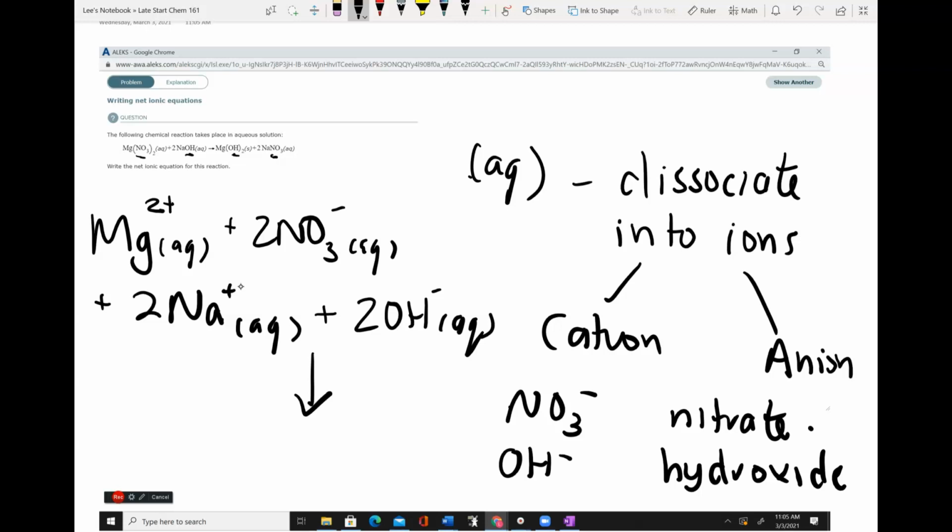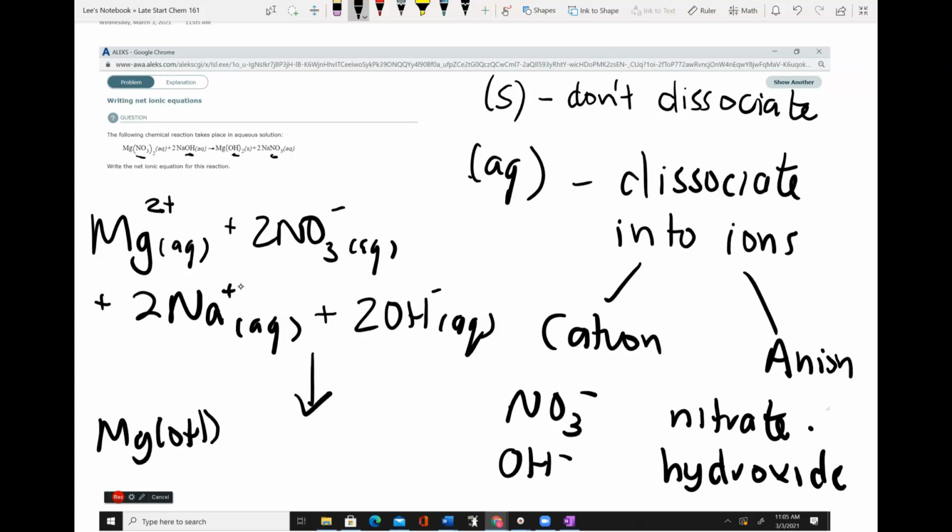Now this is going to go ahead and form my products. When I have an ionic compound that's a solid, you don't dissociate that, because the ions are locked in place in a crystal. They're not acting as individual ions. So the Mg(OH)2, because it's got the solid label, is not dissociated. Then I just have to dissociate the aqueous ionic compound in the products.